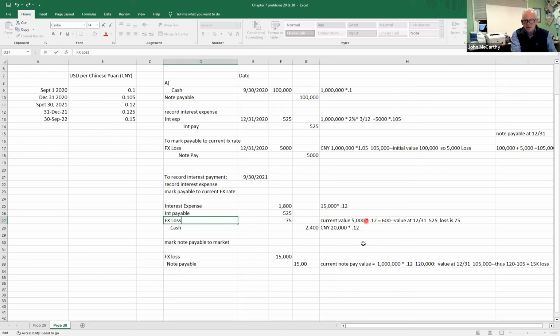So it was 5,000 at the beginning of the year, times now it's at 0.12, which is 600. Initially we had a value at 525, so we owe more now on that piece, and that loss is 75. So that's how you prove that.